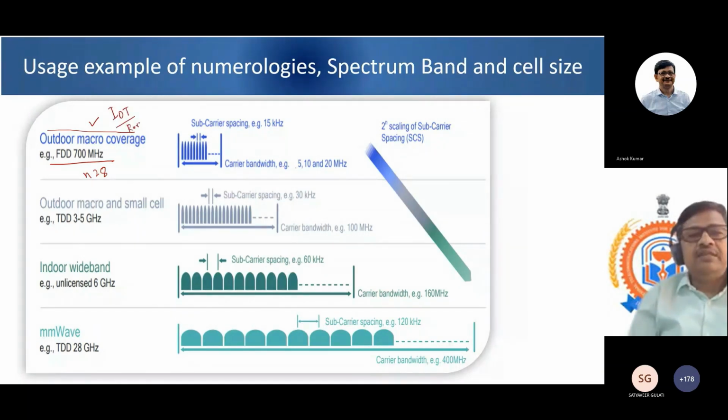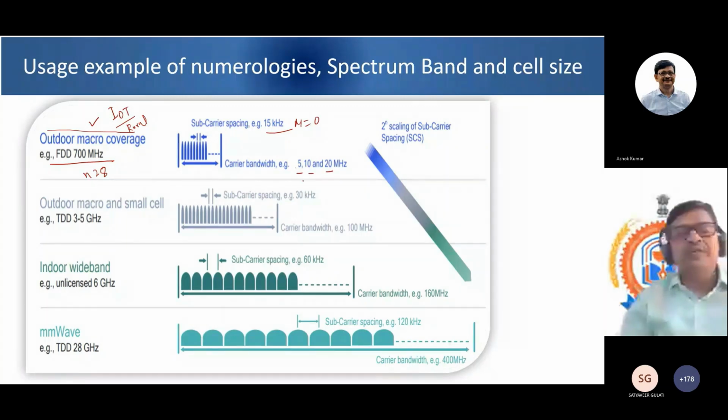In this scenario, the recommended use is numerology 0, that is 15 kilohertz subcarrier spacing, and the channel bandwidth can be 5, 10, or 20 megahertz, depending upon availability and the capacity you are planning. So for umbrella coverage, IoT coverage, and rural coverage, operators would use the lower side of the frequency with numerology 0, so that they have outdoor macro coverage.